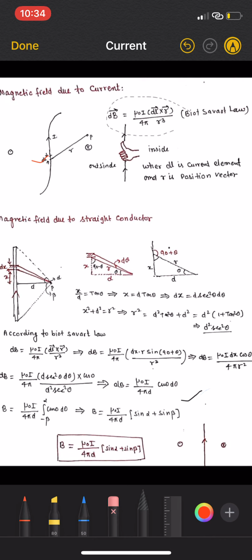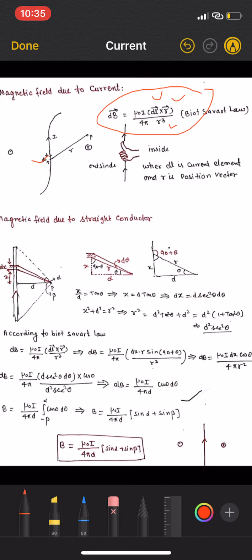This formula itself is called the Biot-Savart formula. Here dl is the current element, a small segment of the current, r is the position vector, and r cube is the cube of the magnitude of that position vector. Using this formula we can find the magnitude as well as the direction of the magnetic field. I will show you how.